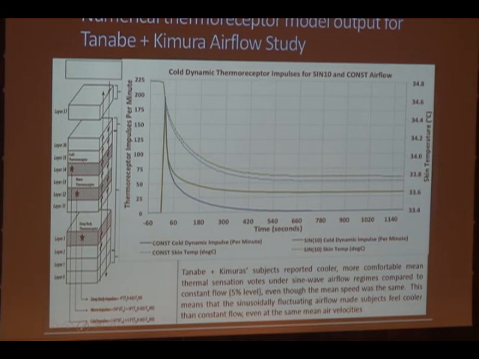And the upshot of this analysis was that Tanabe's observation that the sine wave, the fluctuating airspeed, delivering more cooling or a subjective cooling effect than the constant airspeed, can be explained by the activities of the cutaneous thermoreceptors, in particular the cold receptors, that are particularly responsive to dynamics in skin temperature.